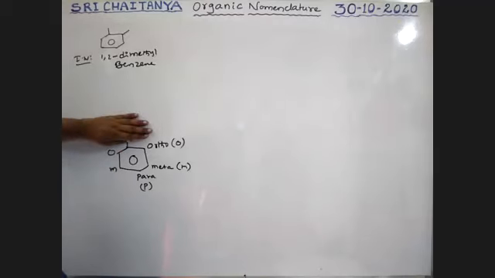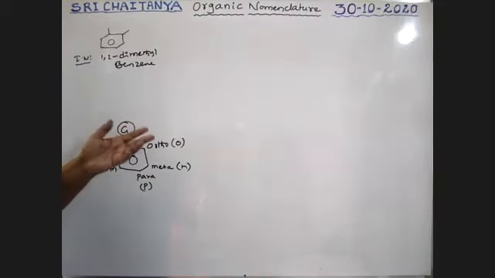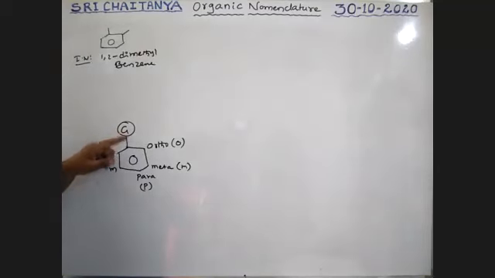If no functional group is there, all 6 carbon positions in benzene are identical. No one is most prior, no one is least prior. All are identical.